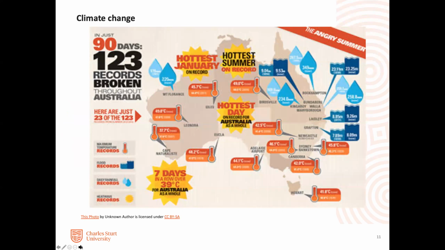Climate change is the other component in this. There is a module for you to complete on understanding climate change. And of course, the majority of you, who are in your late teens and early 20s, have experienced significant climate change.